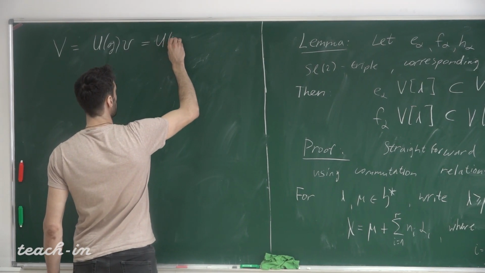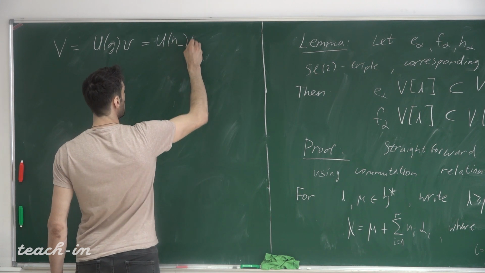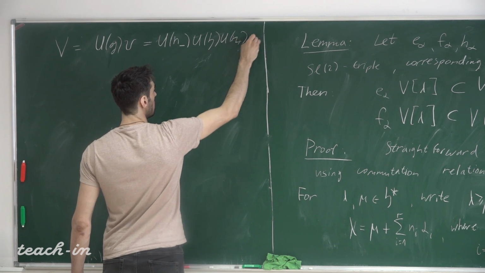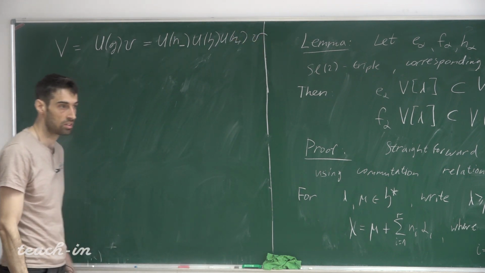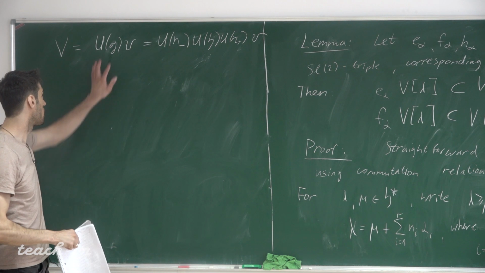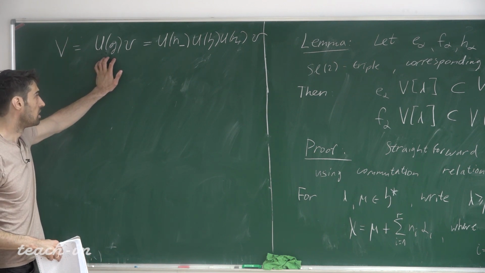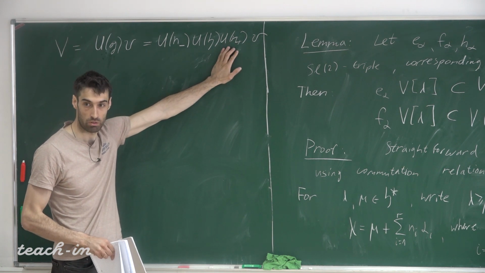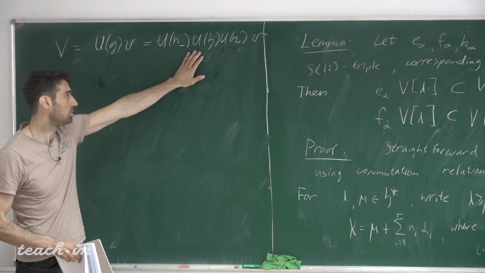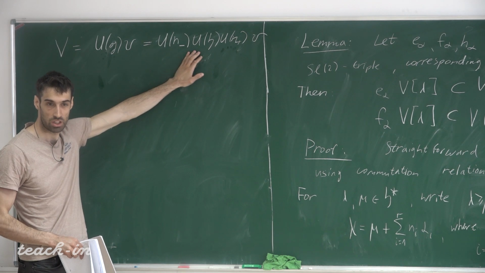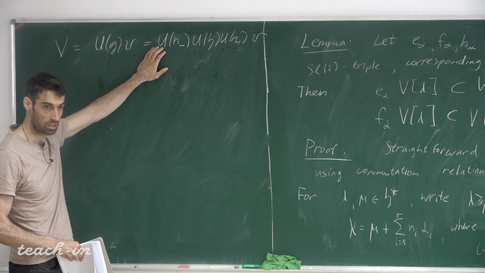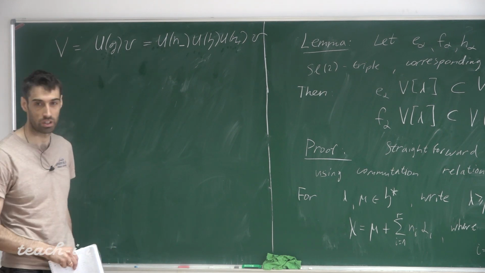Then I can write it like this: U of n minus, U of h, U of n plus, v. So each element in here can be written as monomials, where on the right I have only elements of n plus, in the middle elements of h, on the left elements of n minus. Okay, this is an easy part of the Poincaré-Birkhoff-Witt theorem.